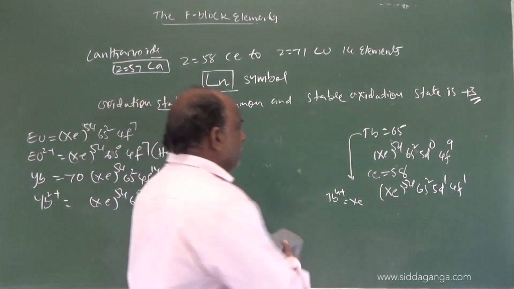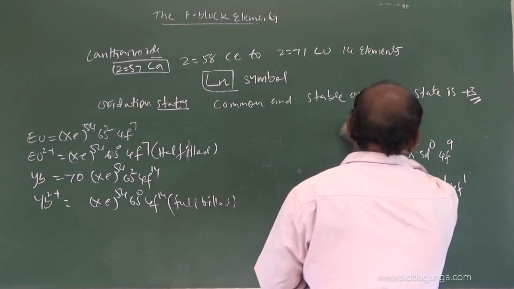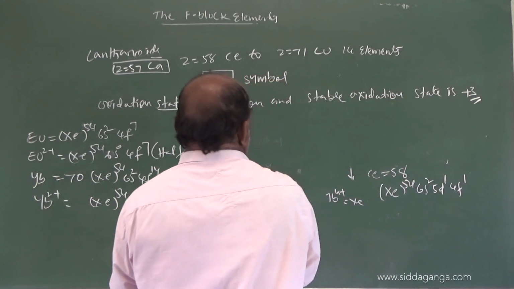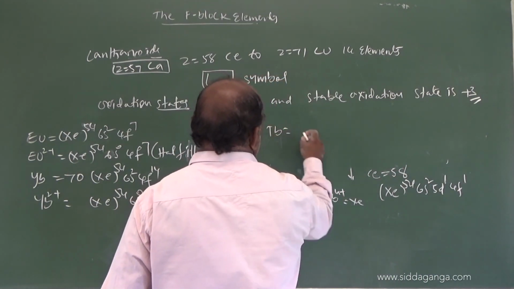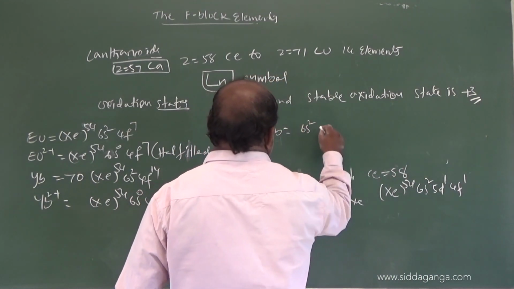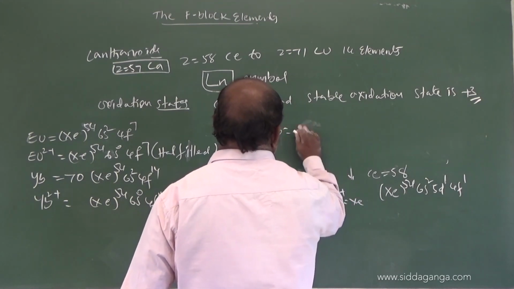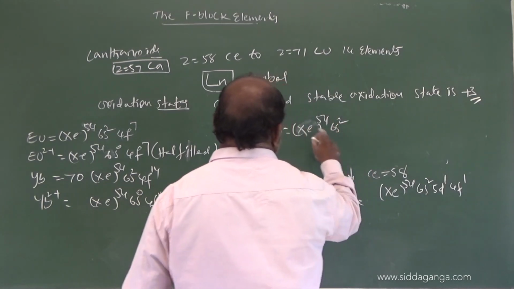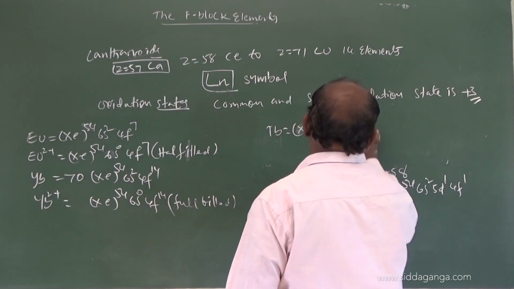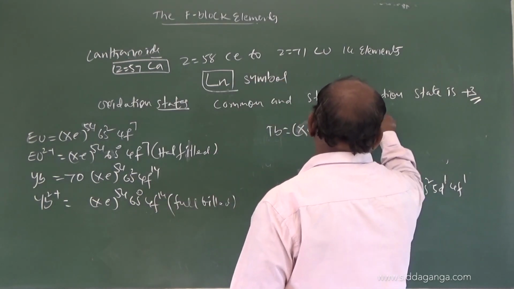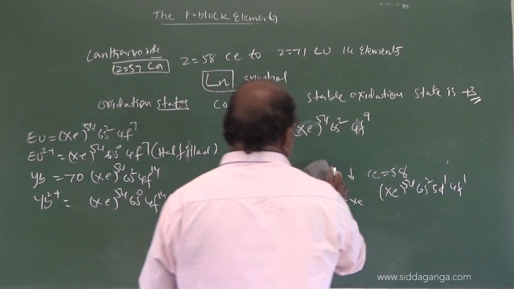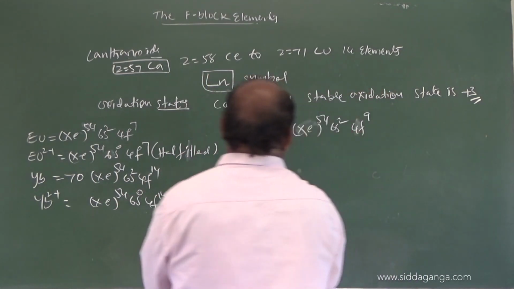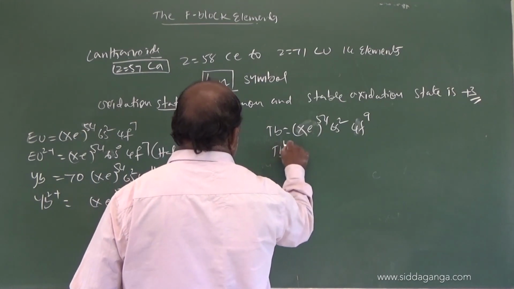And right side, Tb is xenon 54, 6s2, 4f9. Next Tb4+, what is Tb4+?